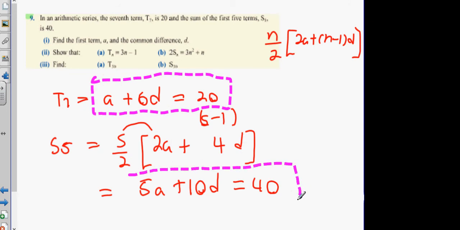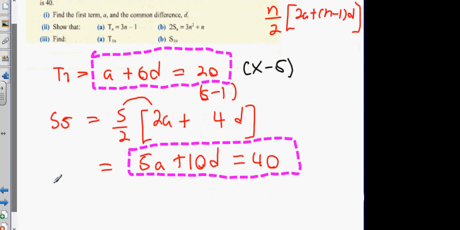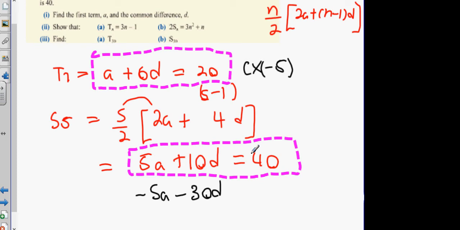What we need to do with the first one is multiply it by minus 5 to get rid of those a's. Because we want minus 5a underneath plus 5a. So we're going to multiply that by minus 5. Okay? So what we're going to get is minus 5a. Minus 5 multiplied by 6 is minus 30d. Minus 5 multiplied by 20 is minus 100.